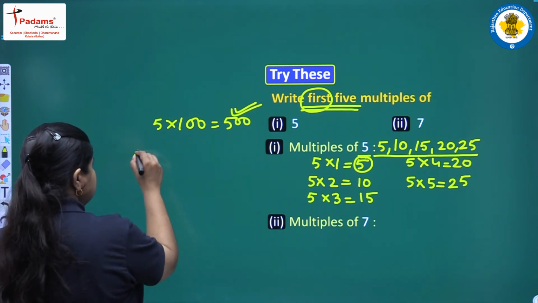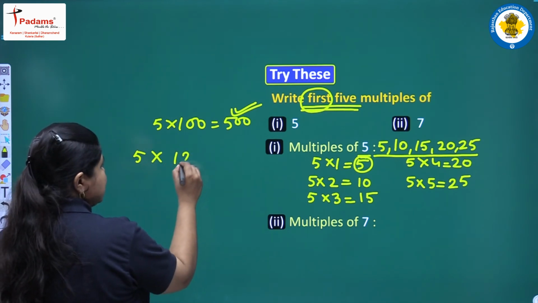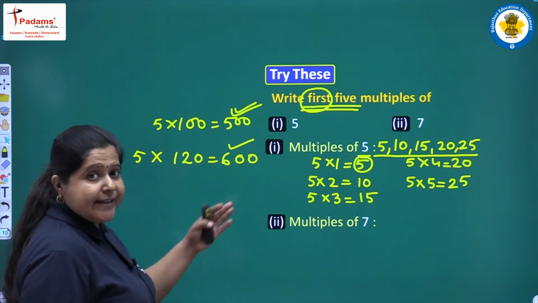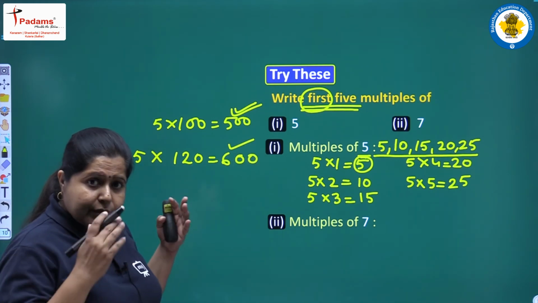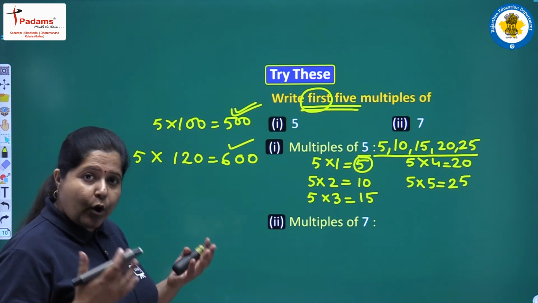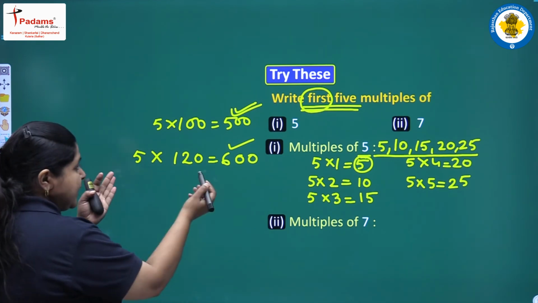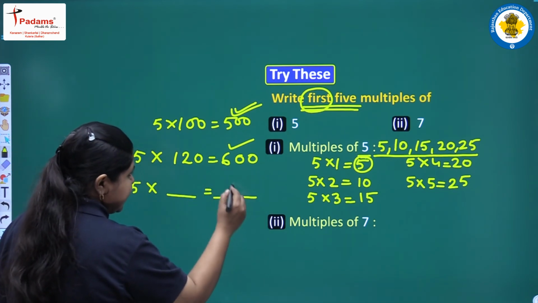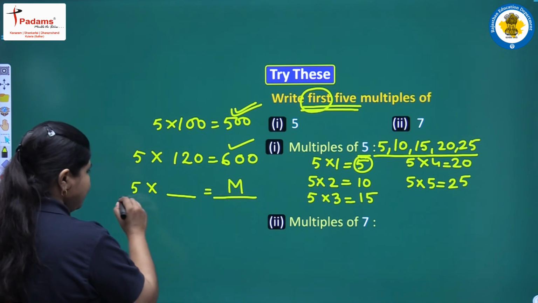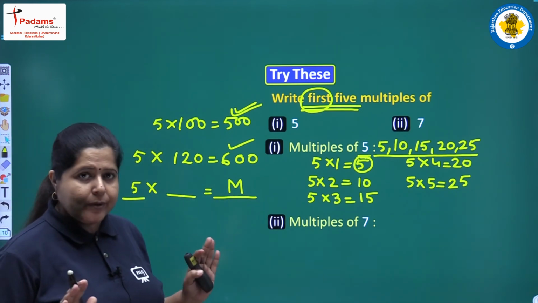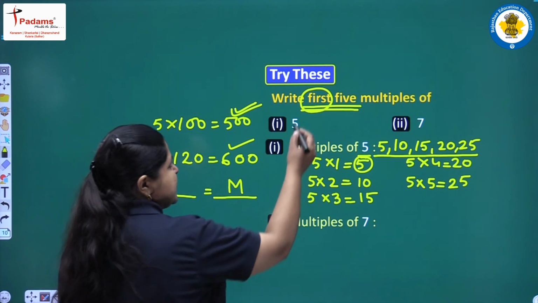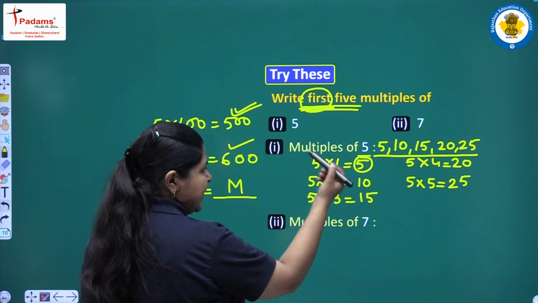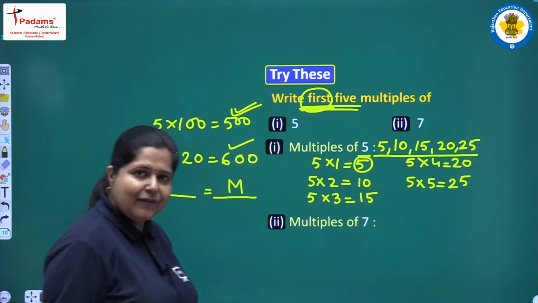You can multiply 5 into 120, it's 600. Again 600 is a multiple of 5. You can take much bigger numbers, or you can see that when we multiply 5 by any number and get any number, then this is said to be the multiple of 5. Clear to you? And since here first 5 multiples have been asked, we have written the first 5 multiples by multiplying 5 by 1, 2, 3, 4 and 5.